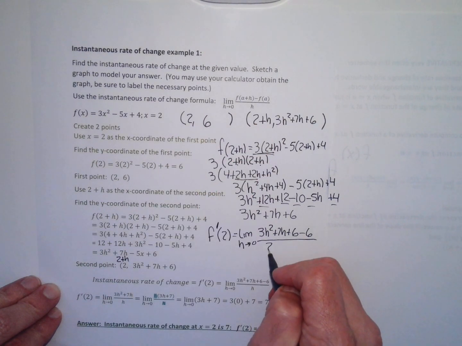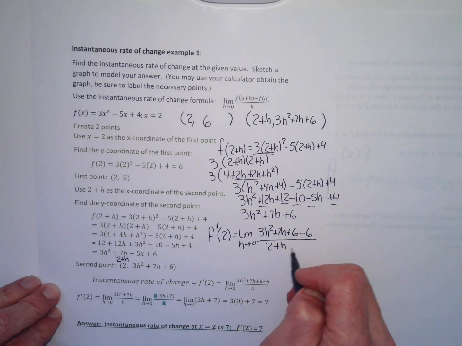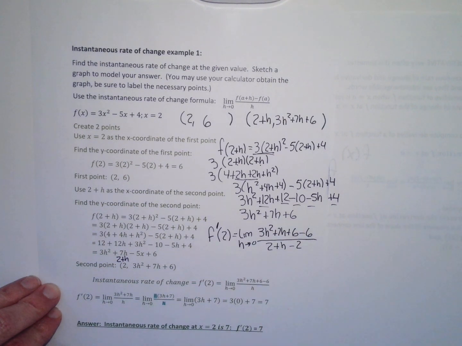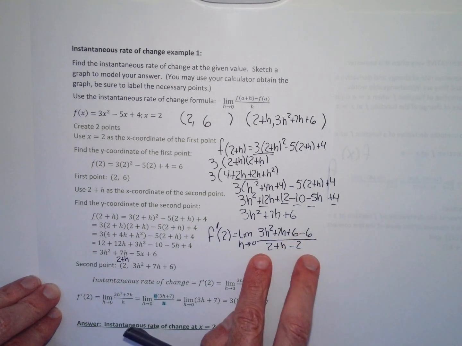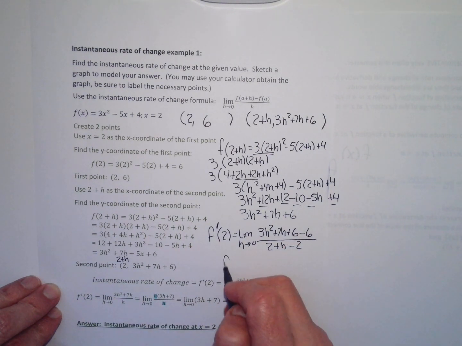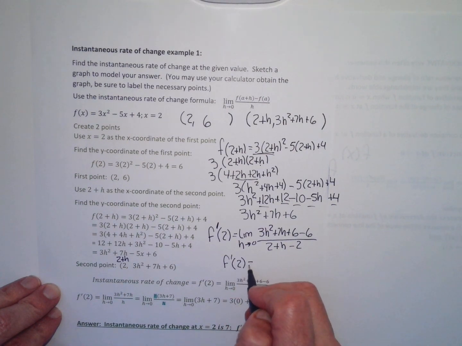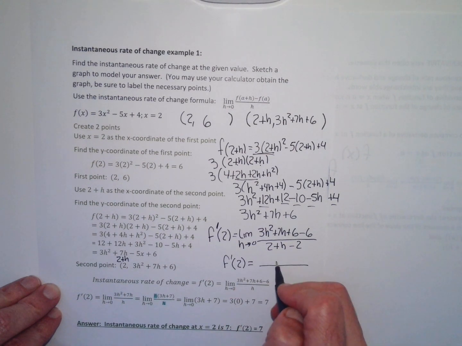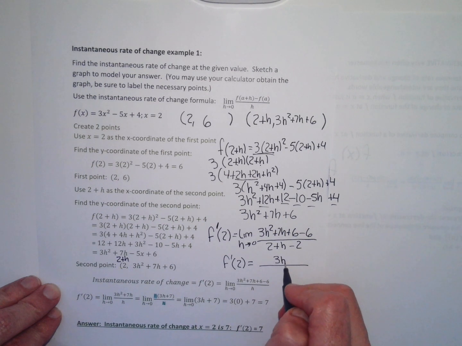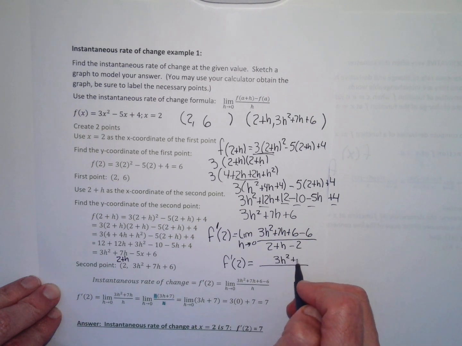I could write x-coordinate of the second point minus x-coordinate of the first point. The denominator is always going to come out to h. So now I'm going to cancel the 6's in the numerator, the 2's in the denominator. So the instantaneous rate of change, or the derivative, when x equals 2, can be found by using 3h squared plus 7h over h.